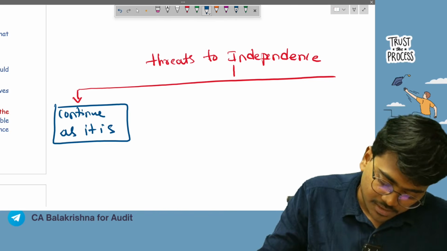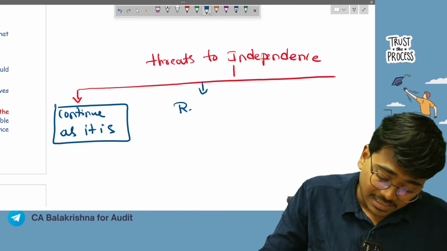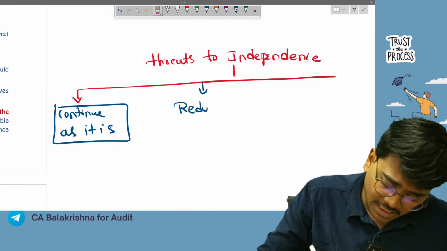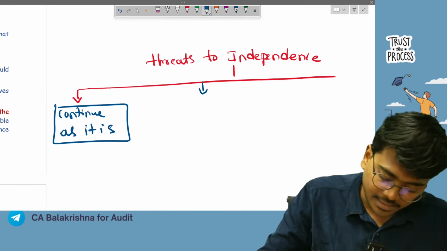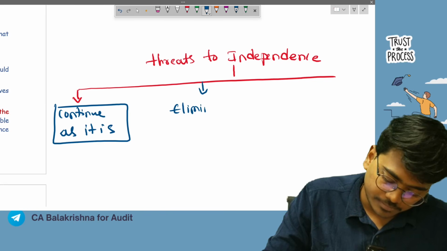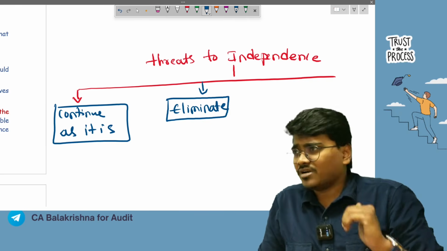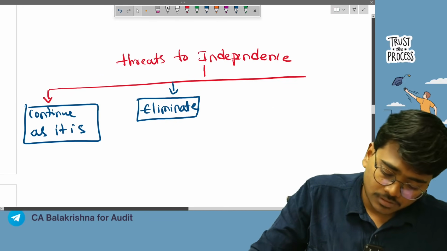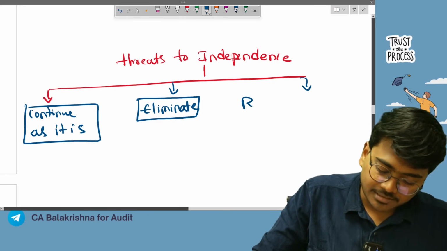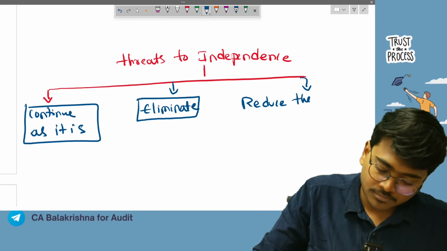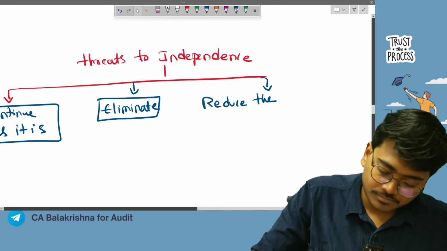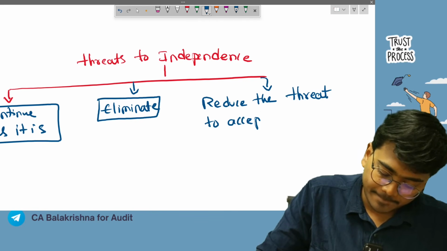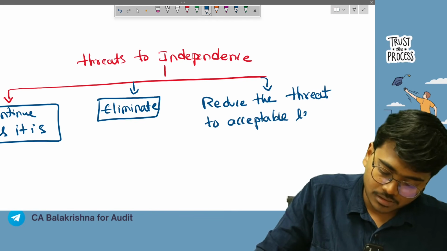The second option is you will try to eliminate the threat. Eliminate means completely remove. If complete removal of the threat is not possible, you will at least try to reduce the threat to an acceptable level.